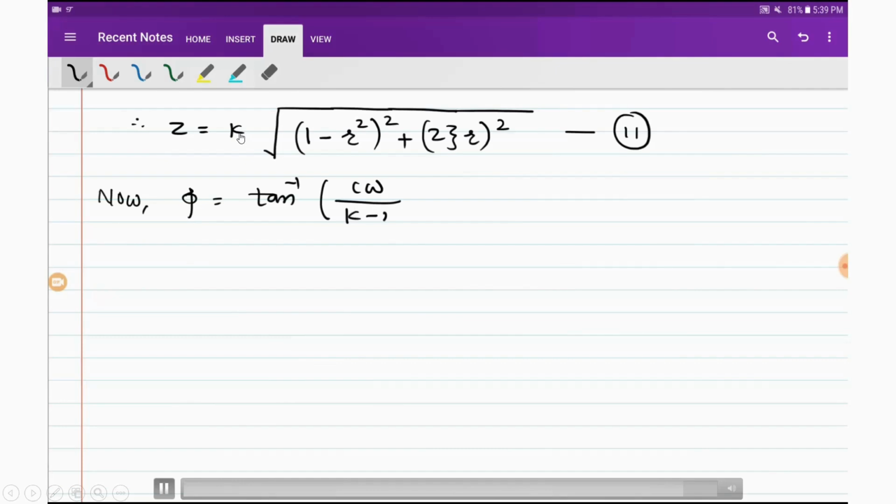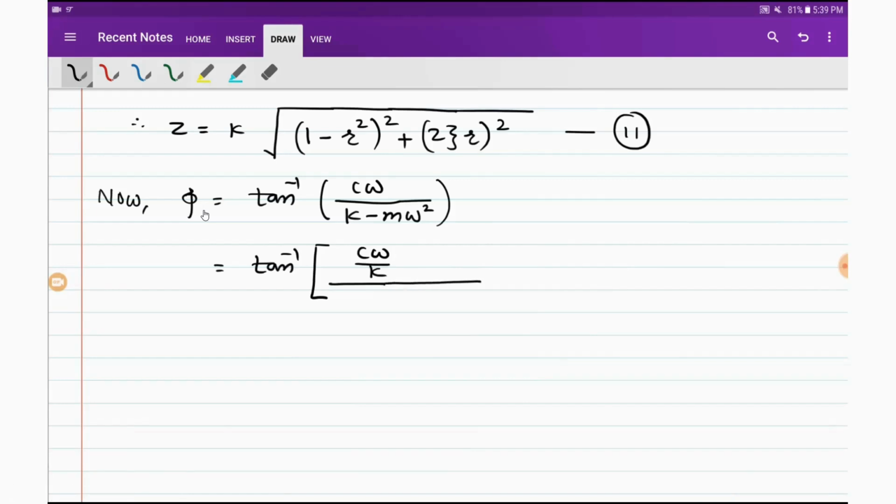K is the stiffness. Similar to that, we have to express the value of phase angle phi also in terms of zeta and r. So here also we'll do some modification.